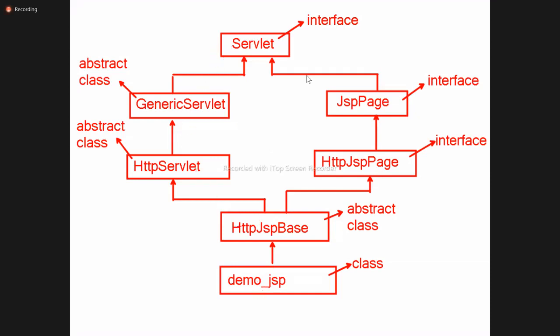So the Servlet API comes like this and the JSP API comes like this. Both we can access here.